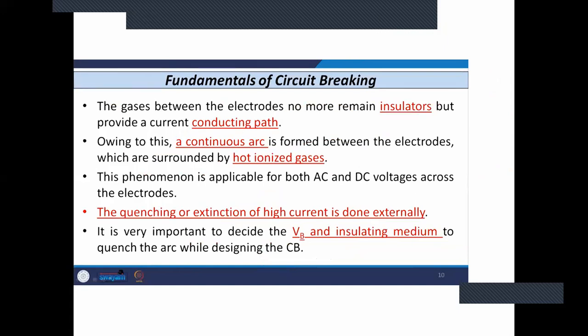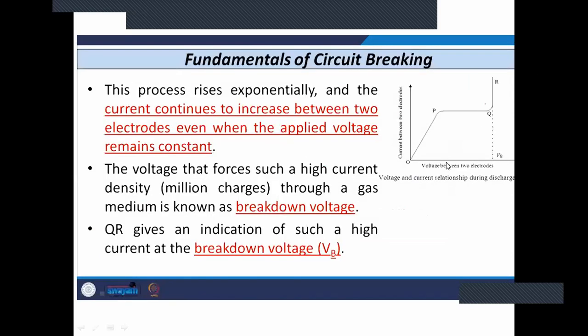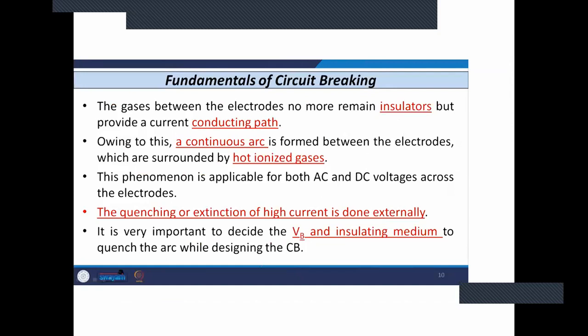Owing to this, a continuous arc is produced between the electrodes, which are surrounded by hot ionized gases. This phenomenon is applicable for both AC and DC voltages across the electrodes. No matter if we have the DC voltage or the AC voltage, this phenomenon can occur in both. Now the quenching or extinction of the high current is done externally.